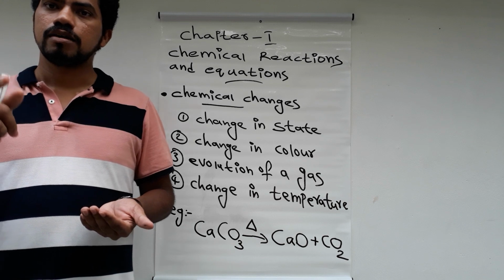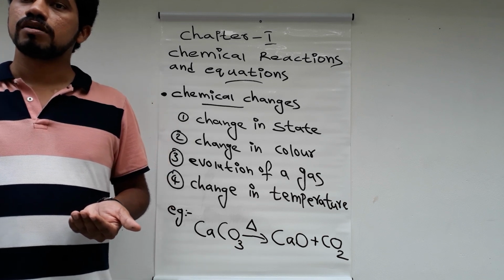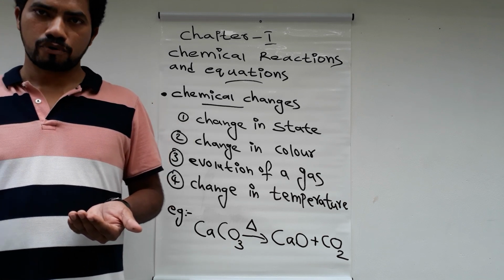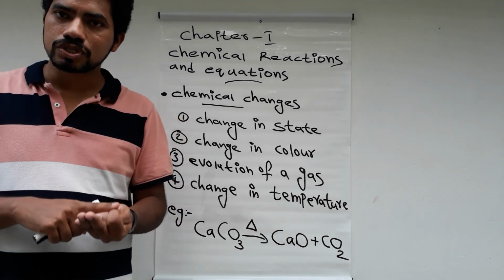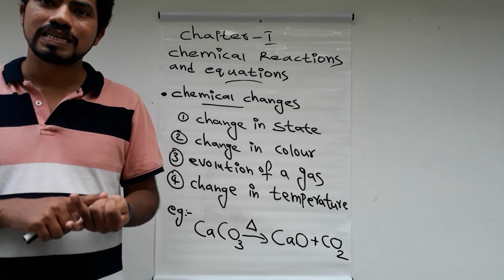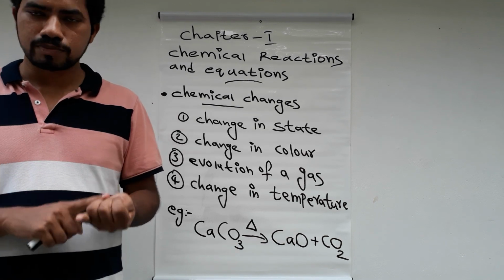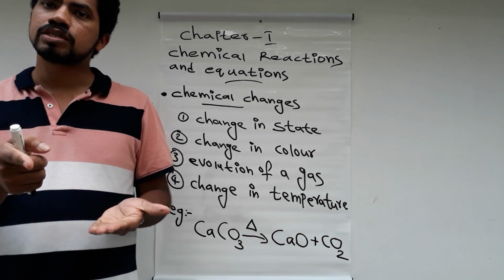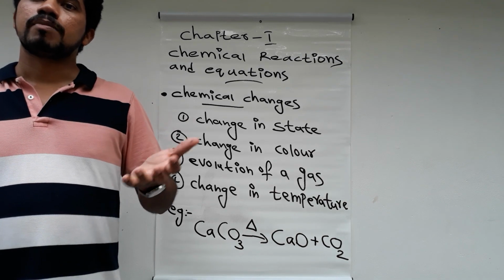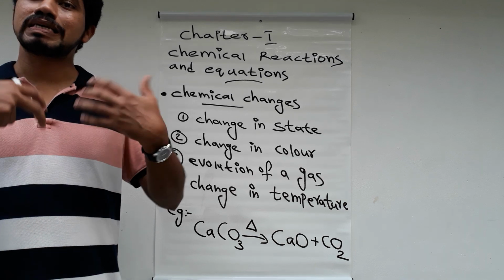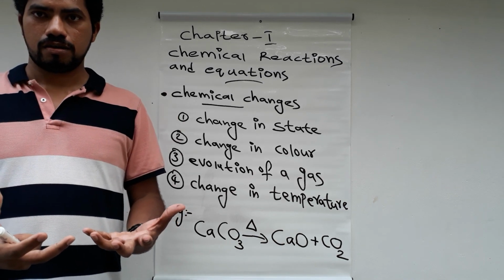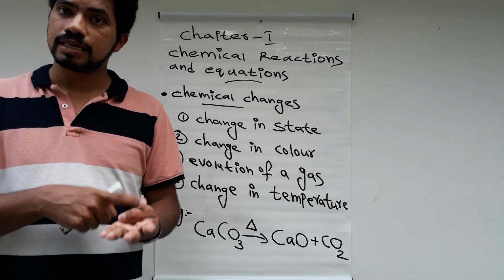You know one thing, there are four types of chemical reactions: combination reactions, decomposition reaction, double displacement reaction, displacement reaction. In combination reactions, the molecules or atoms are combined together to form a single product. So you should know reactant and product.